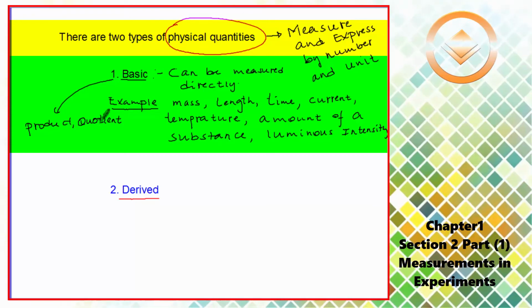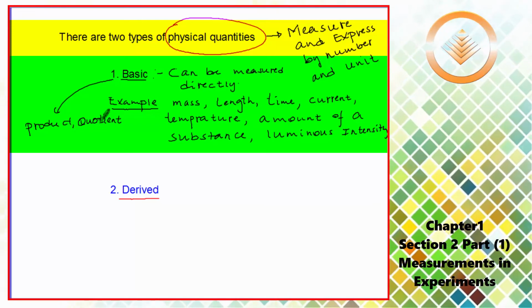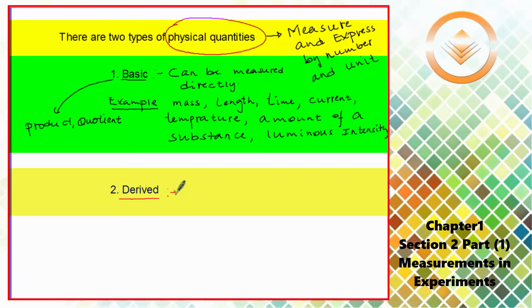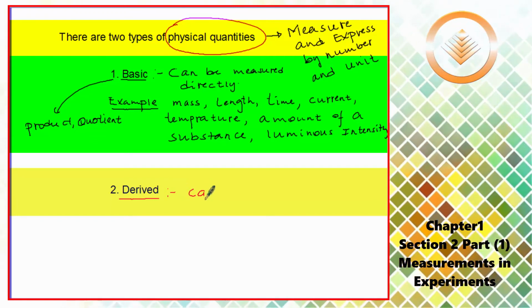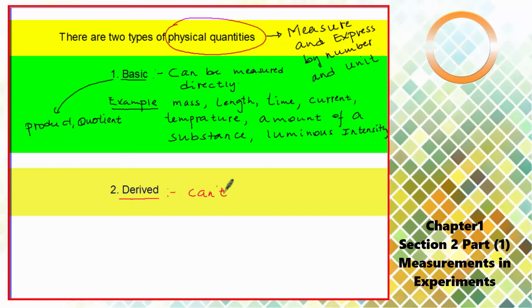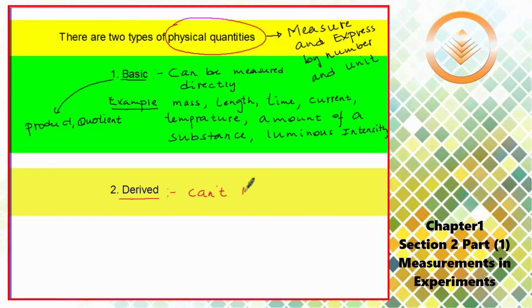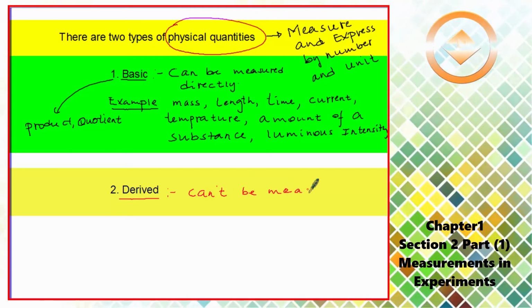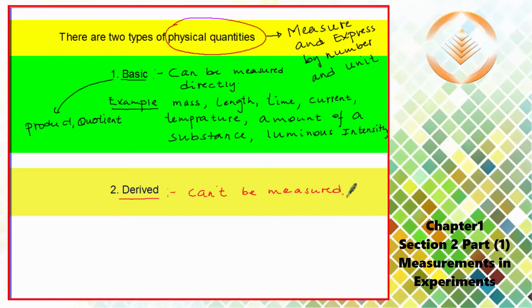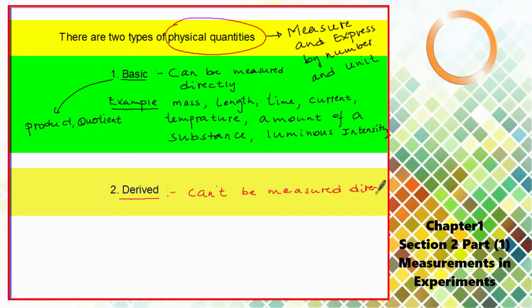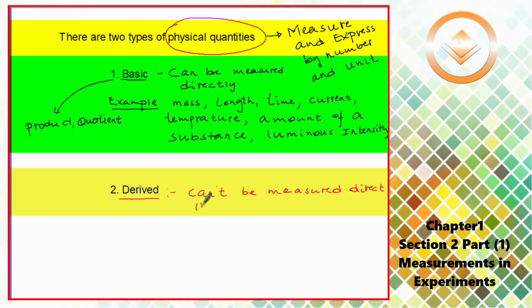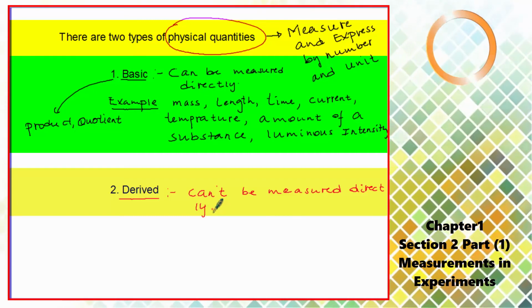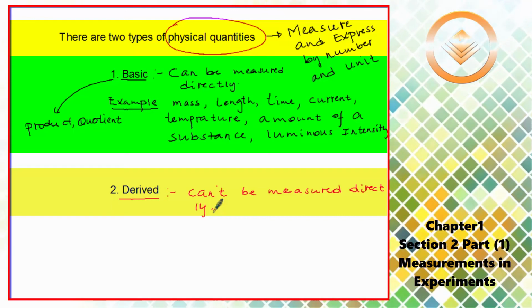The second type of physical quantities are derived physical quantities. These are quantities that cannot be measured directly. We measure them indirectly by calculating from the basic physical quantities.